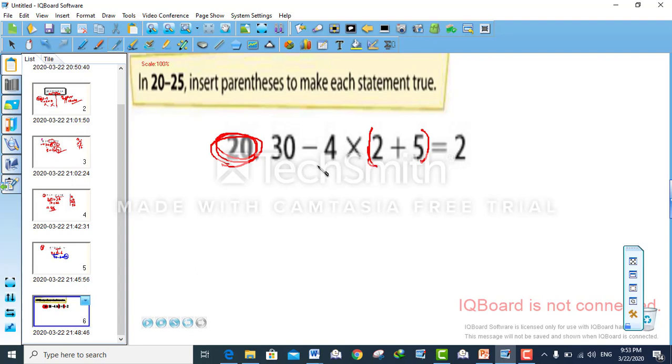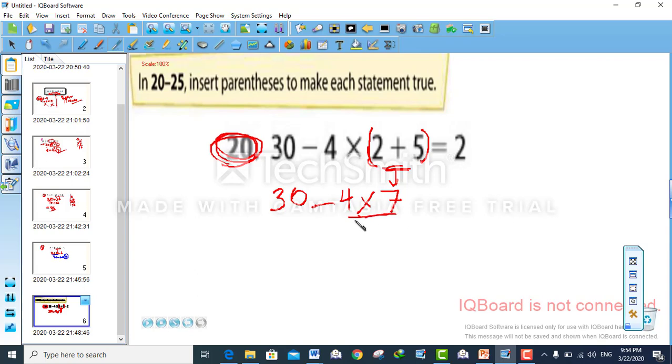Since we have the bracket here, we have to start with the addition. 2 plus 5 is 7. Then copy the multiplication, the 4, minus and 30. Now what we have is two operations, which are minus and multiplication.